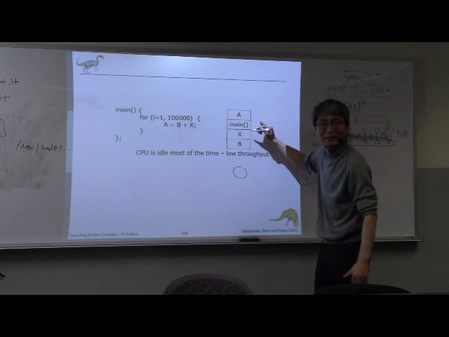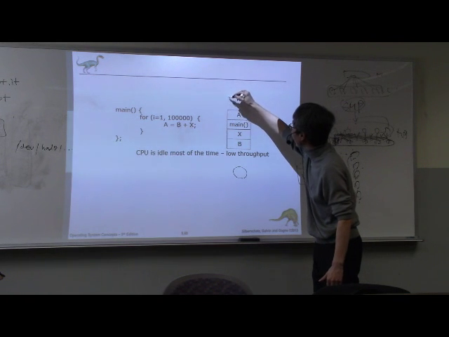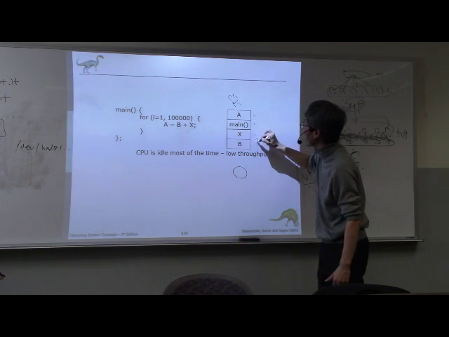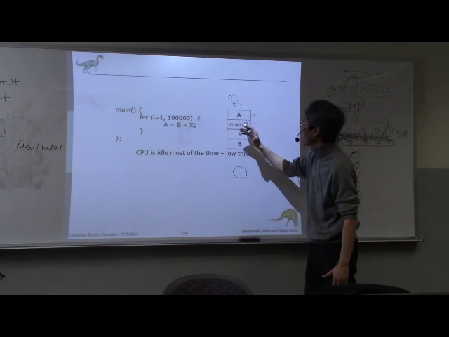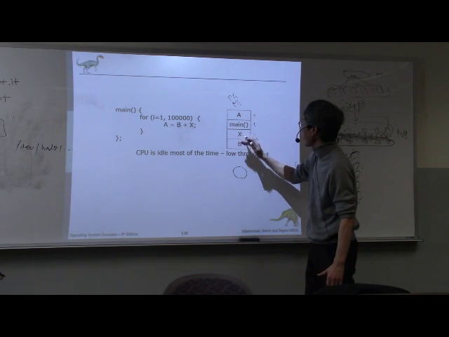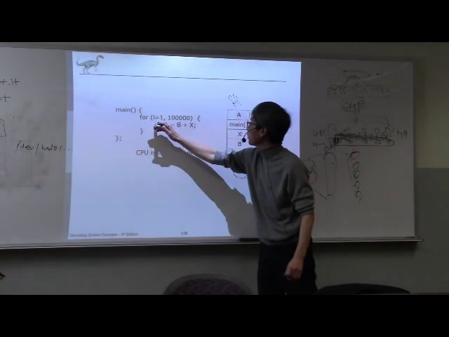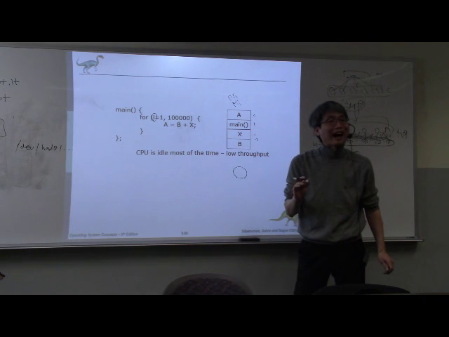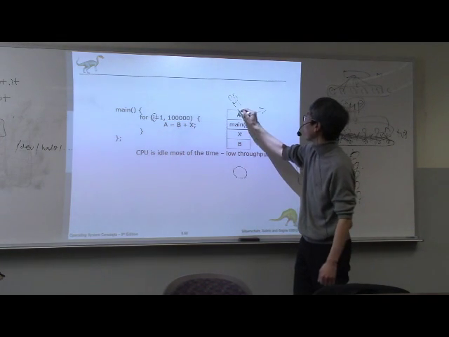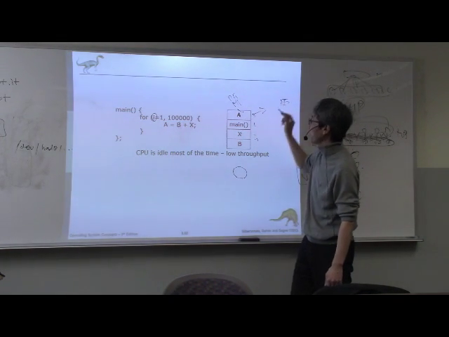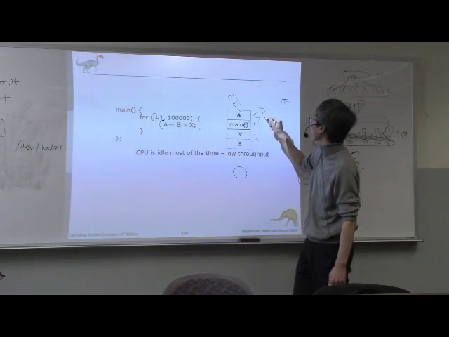So we have 4 frames, 4 pages. This is the memory, page frames 0, 1, 2, 3. First, A is in the first page frame. The main function is here, and X is here, and B is here. Then we need to write this I. We need to select one of them as a victim. So this is I: page fault. Then we need A, so we can select this one as the victim.